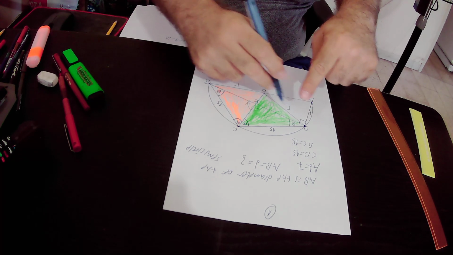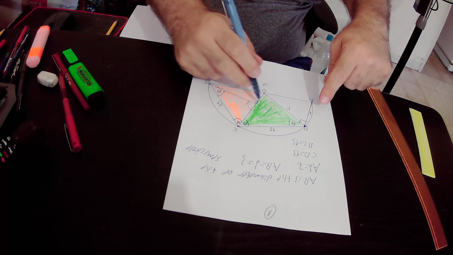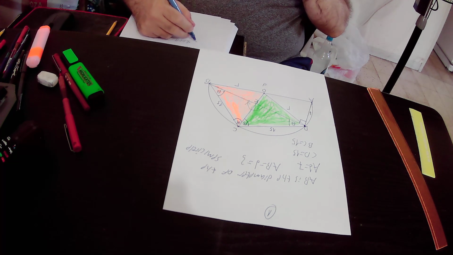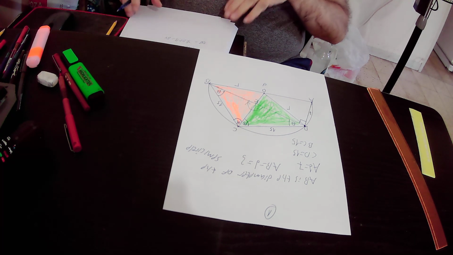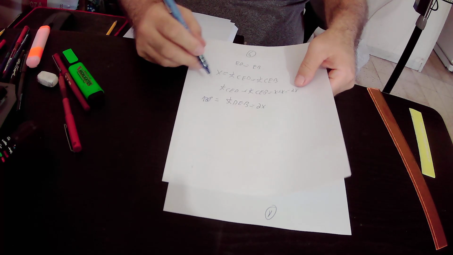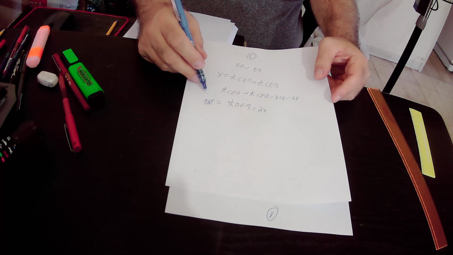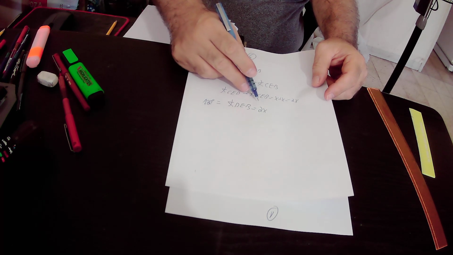So angle DEB equals 180 degrees from one side, and from the other side angle DEB equals 2x.